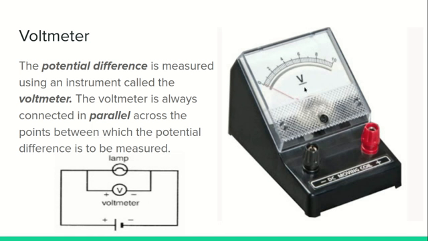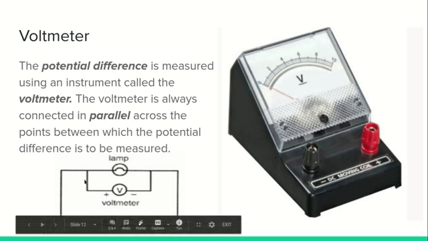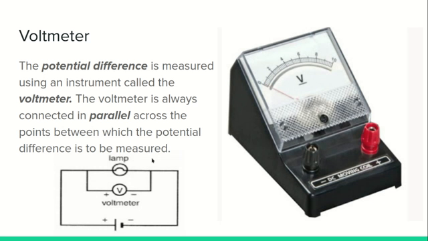That means this voltmeter is of the range 0 to 10 volt, and it is an instrument used to measure the potential difference across any 2 points in a circuit.